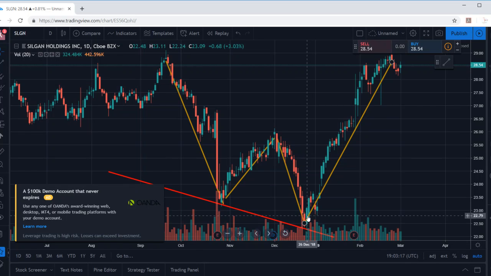A confirmation is what? You want to see a second green candlestick. Then you get in a long position. You might put your stop loss below here or at the support, in case the stock starts dropping again. You don't want to lose more than this support. And then you ride the whole trend up.